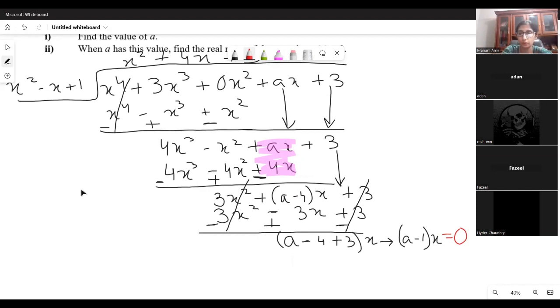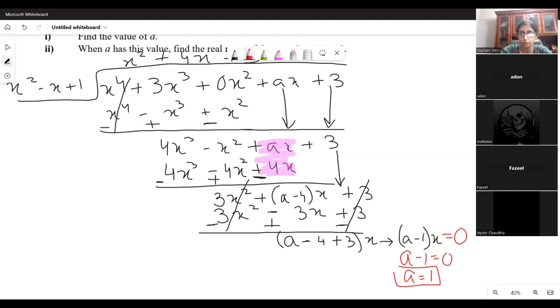Yes, a would be 1. जब ये 1 होगा तो 0x बन जाएगा जो कि 0 हो जाएगा. So a would be equals to 1. Let me confirm. A equals 1 is correct.